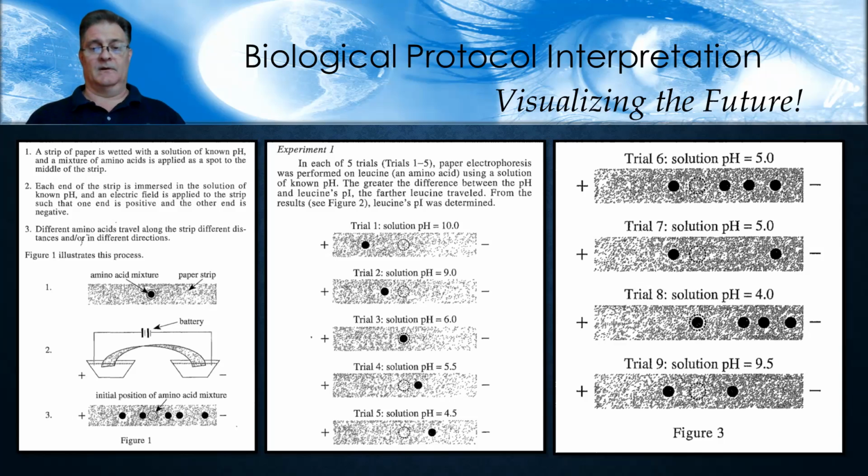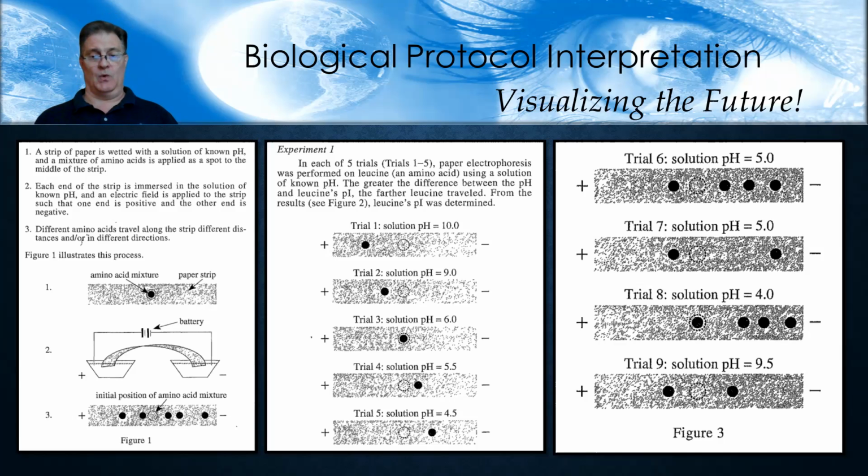Trial 7, pH of 5. It affects these 2 amino acids differently. It makes 1 of them very positive, so it's very close to the end of the paper strip, and it makes the other one slightly negative.